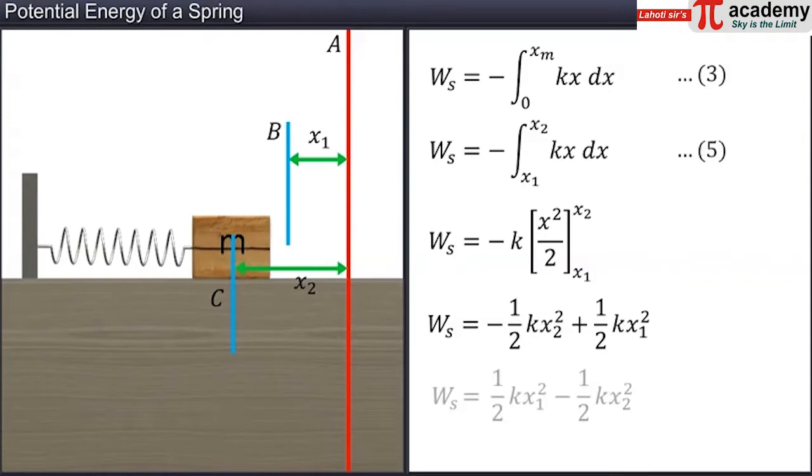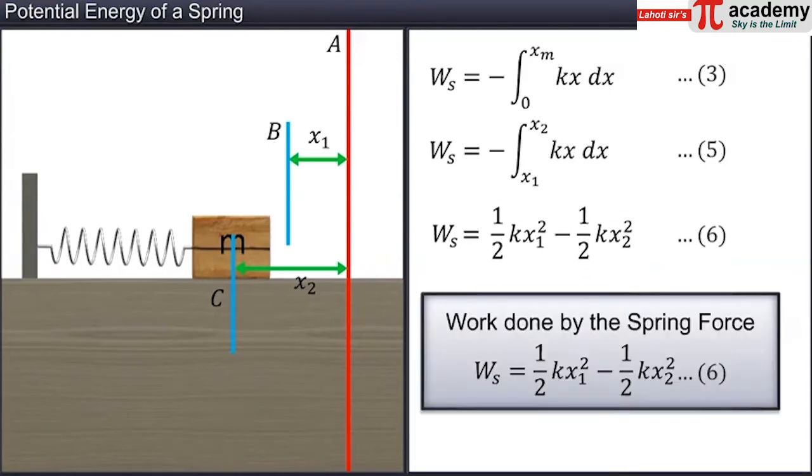Then the work done by the spring force will be equal to half kx1 square minus half kx2 square. Let this be equation 6. Equation 6 indicates the work done by the spring force.